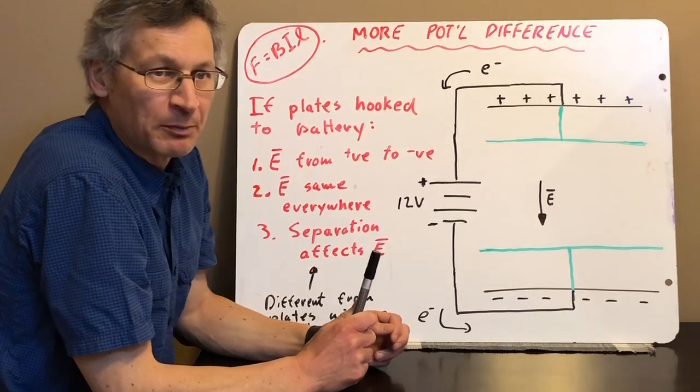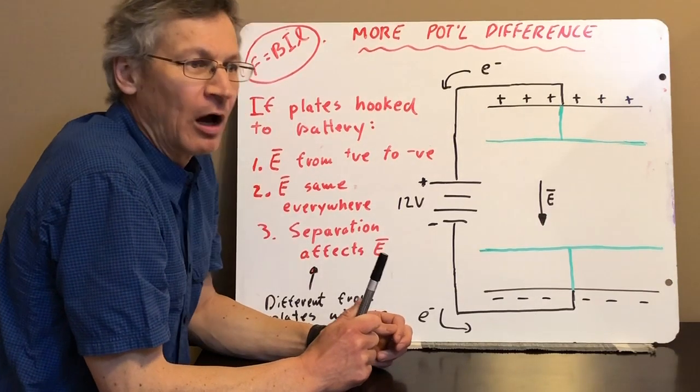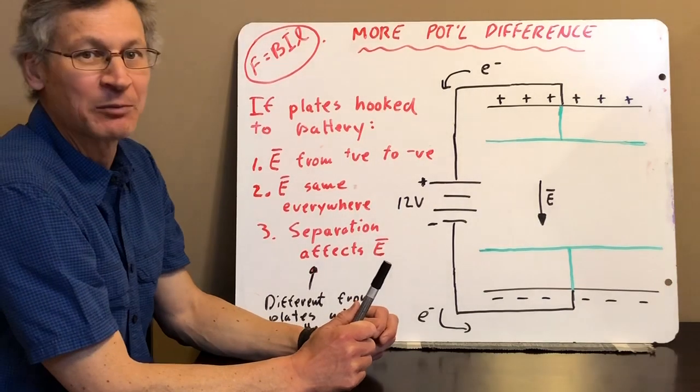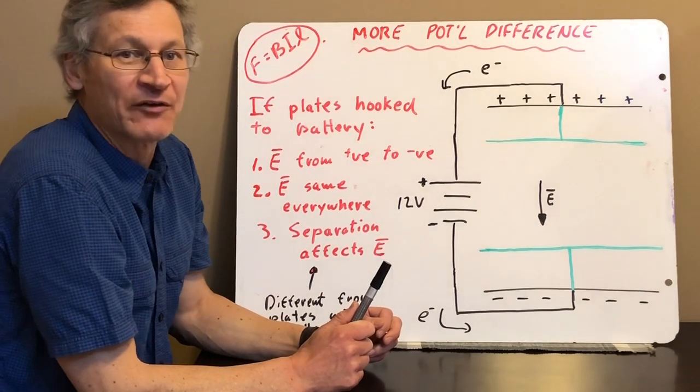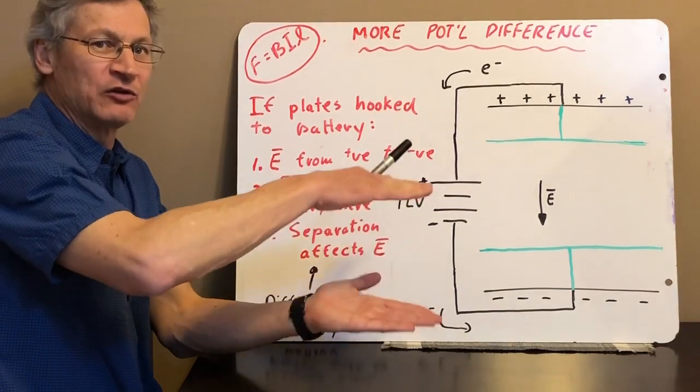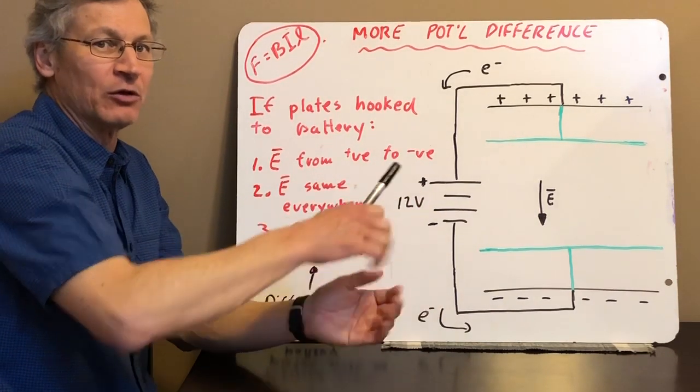Remember when we originally talked about large oppositely charged parallel plates, the plates weren't connected to a battery. And if plates aren't connected to a battery, their separation has no effect on the electric field, okay?